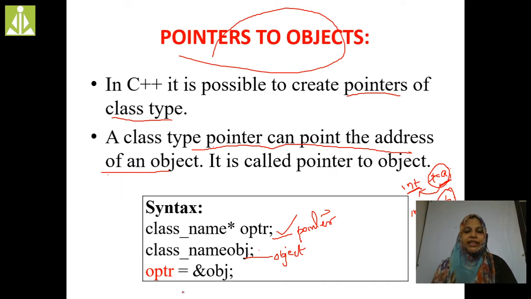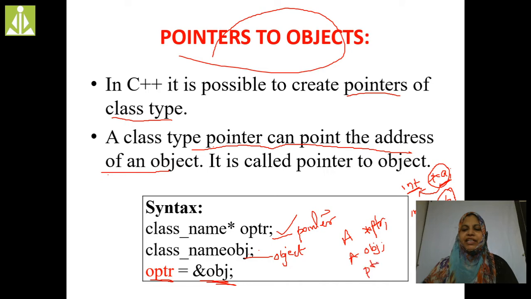Now in this pointer variable we are storing the address of the object. For example, here class A is there. For class A I am creating one pointer, and for class A I am creating the object.